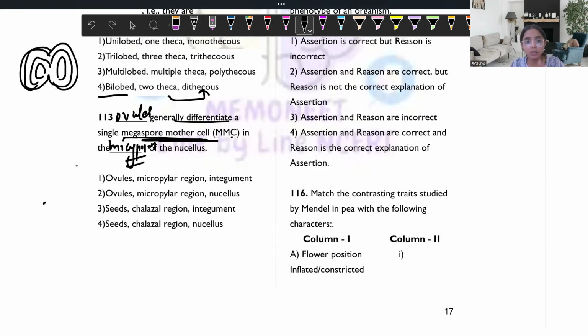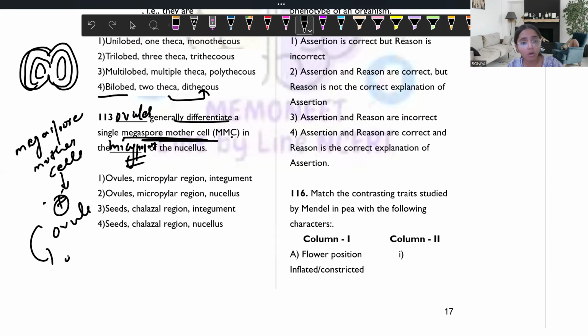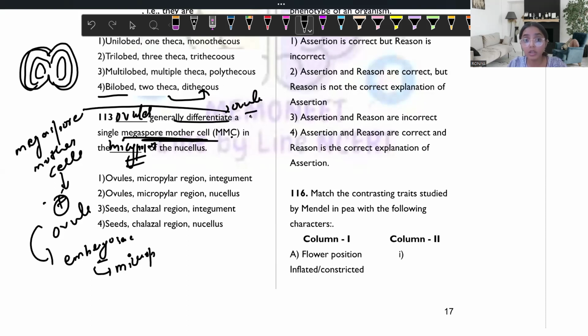The megaspore mother cell is present in the ovule, which will form the embryo sac, and it is present toward the micropylar end. So ovules generally differentiate a single megaspore mother cell. What does it mean? In an ovule, there are multiple megaspore mother cells formed.